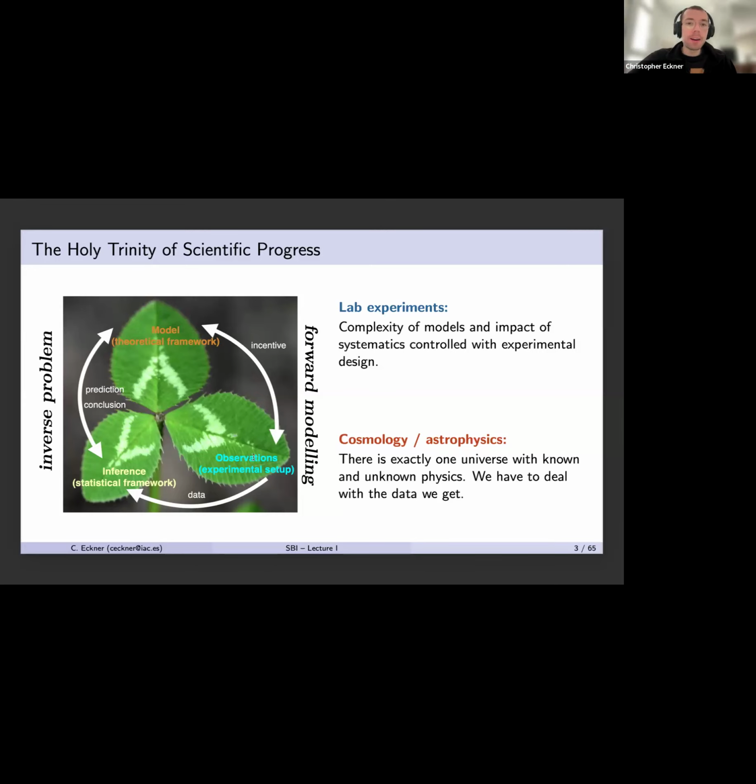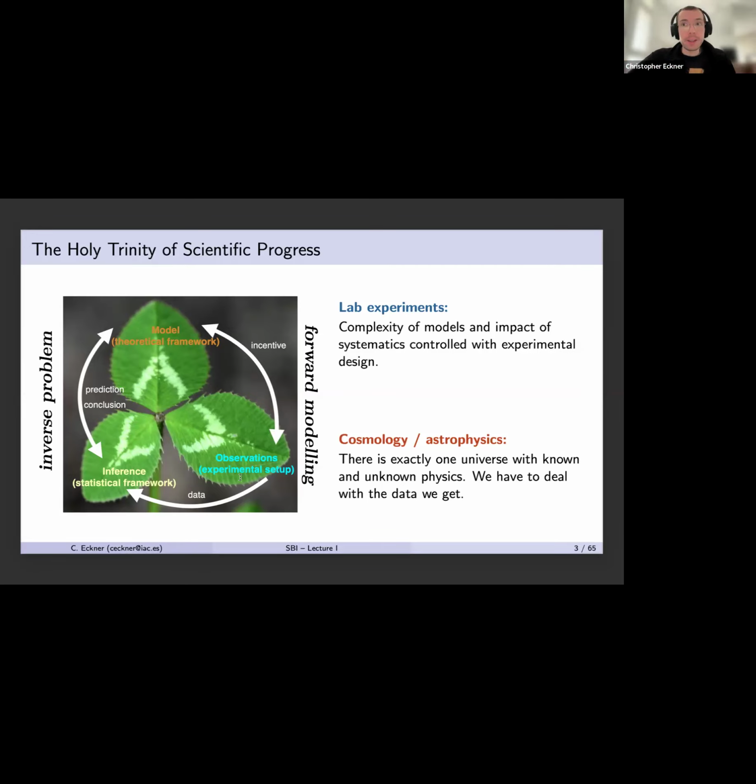And observations are the key to progress in said physical sciences. Now, of course, observations also give you an incentive to form a certain model and to develop a theory from what you are observing. But then, how do you get from the observations back to your model, in terms of informing yourself about what your model should predict and what your observation actually tells you about the validity of your model?